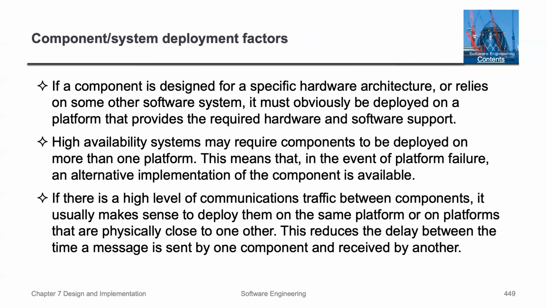This means that in the event of platform failure, an alternative implementation of the components is available. If there is a high level of communication traffic between components, it usually makes sense to deploy them on the same platform or on platforms that are physically close to one another. This reduces the delay between the time a message is sent by one computer and received by another.